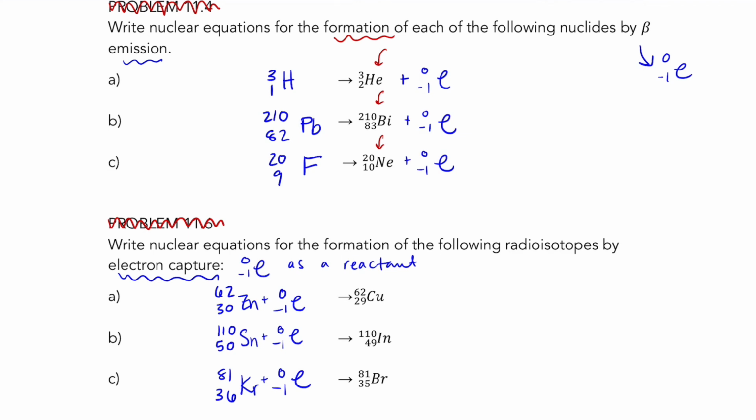Okay. So those would be our nuclear equations for the formation of these radioisotopes by electron capture, the electrons going in as the reactant.